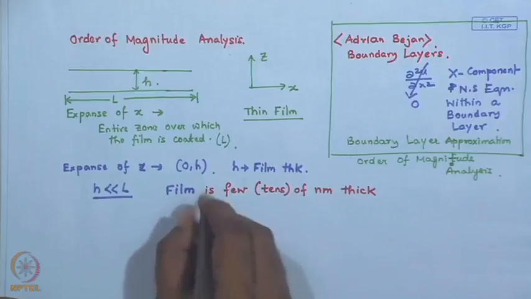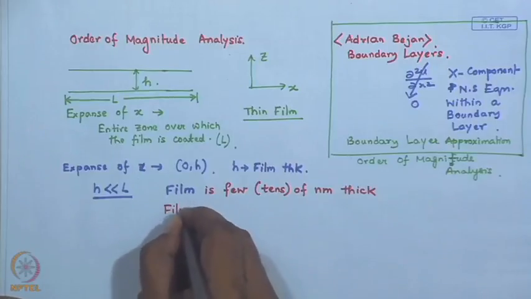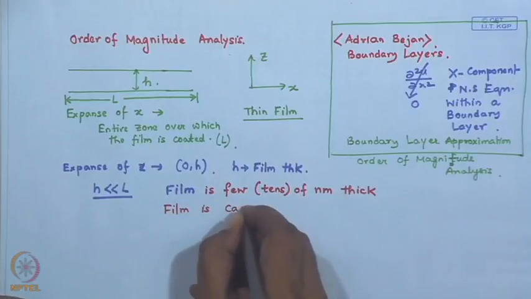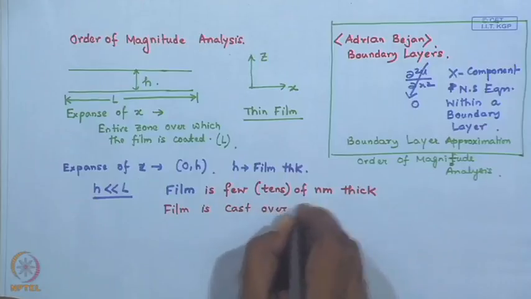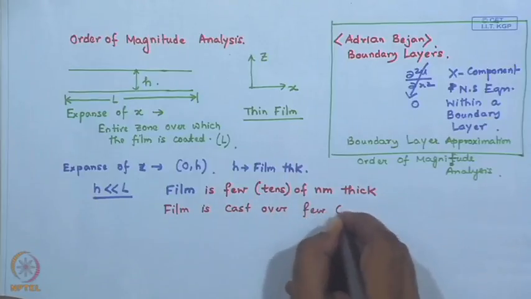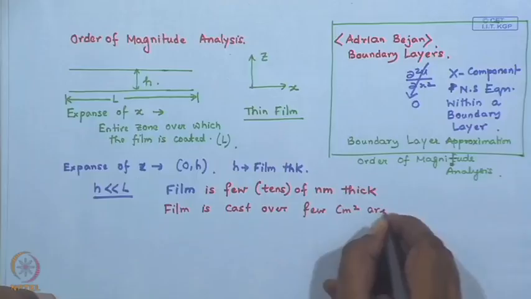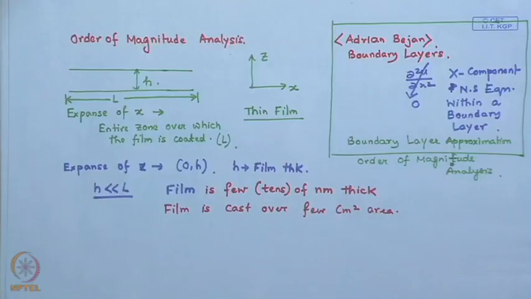In contrast, the film is cast over a few square centimeters of area. So, what it implies is that the lateral dimension x is much larger as compared to the vertical dimension h.